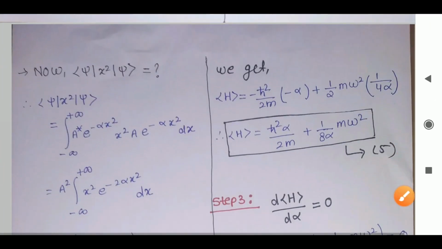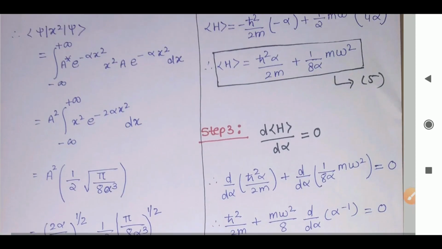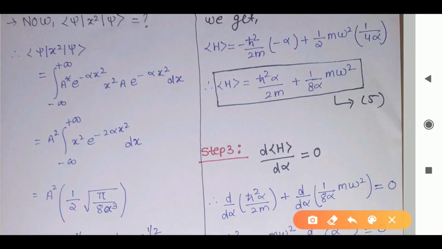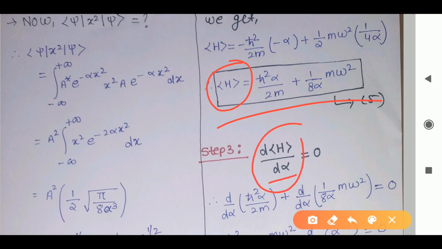Once we have the equation of Hamiltonian, the third step is what? We have to take the derivative of this expectation value of Hamiltonian with respect to the variable parameter and put it equal to 0.